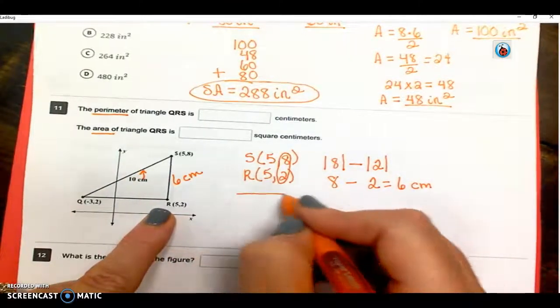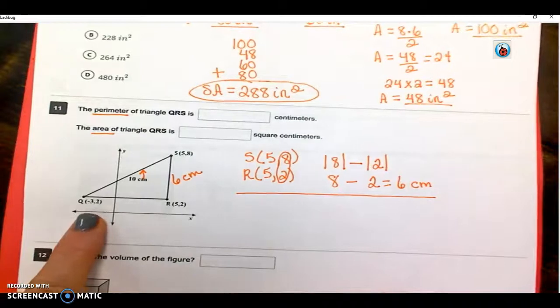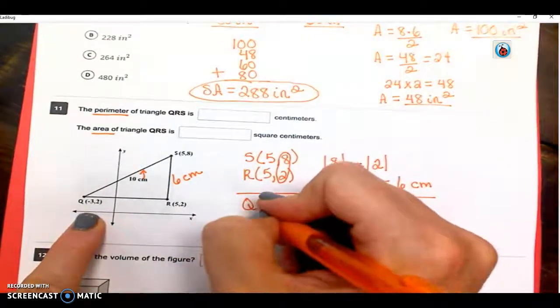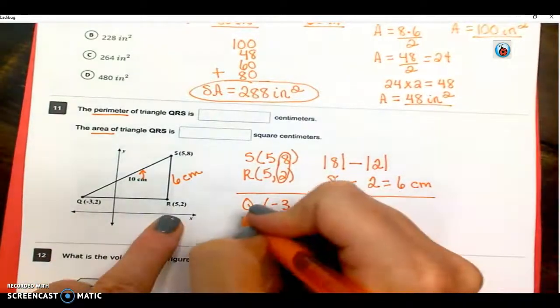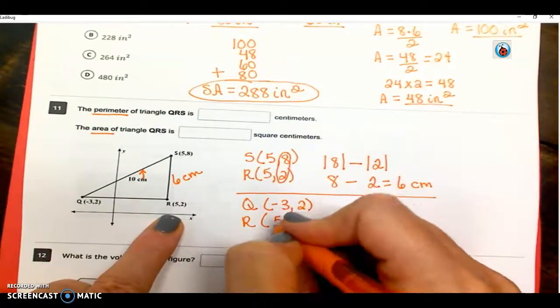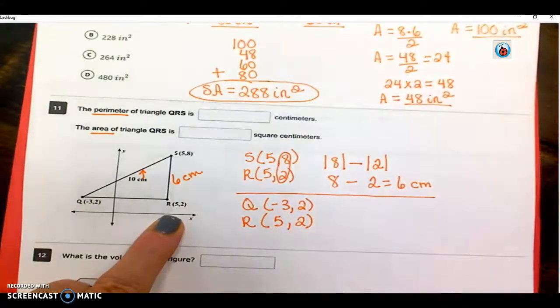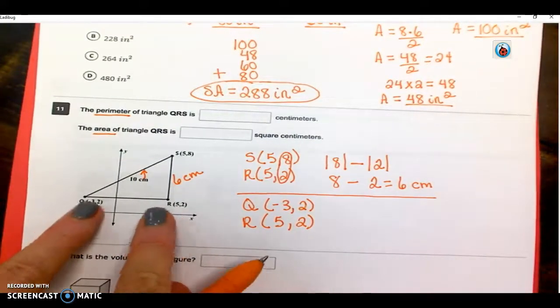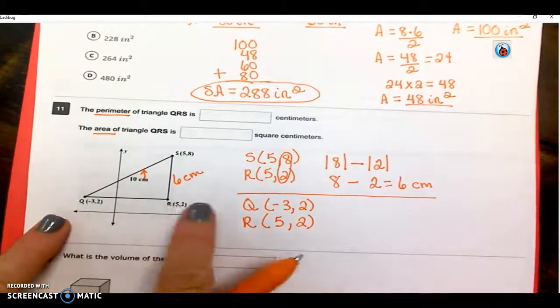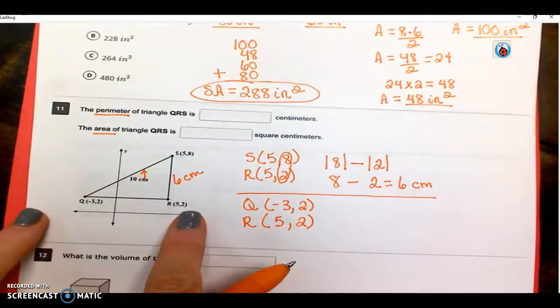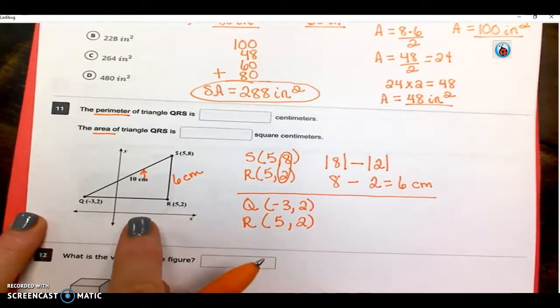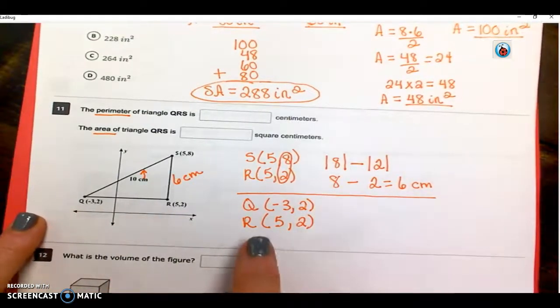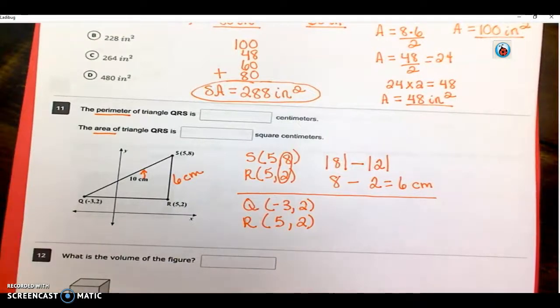Okay, from there, we're going to look at the next one. They give us point Q, which is at -3, +2, and then R is going to be 5/2. What we want to notice here is these 2 points are in 2 different quadrants. So if the ordered pairs are in different quadrants, you're actually going to add, instead of subtract, the absolute values.